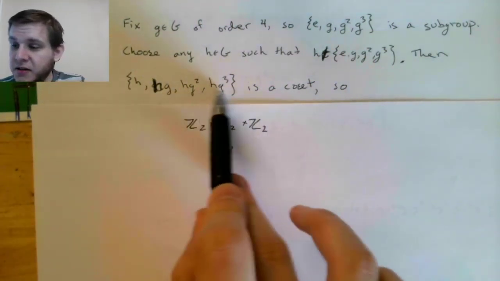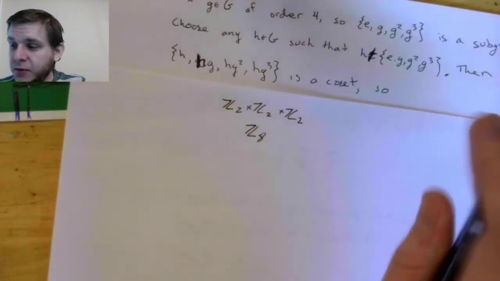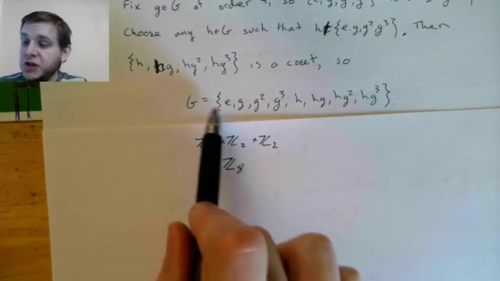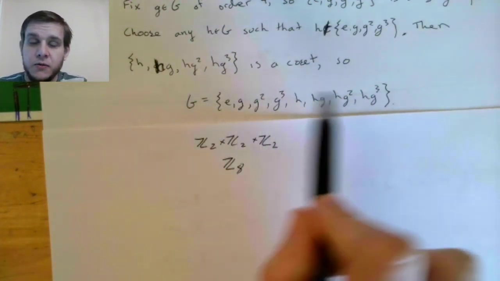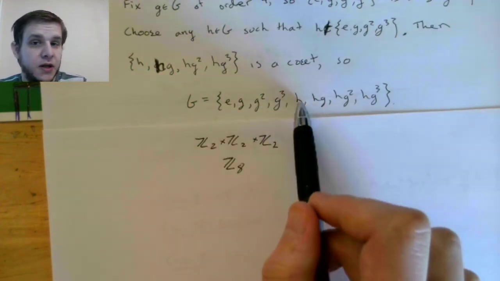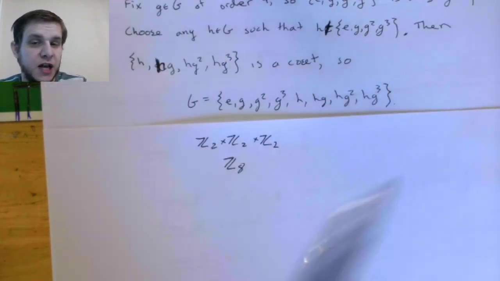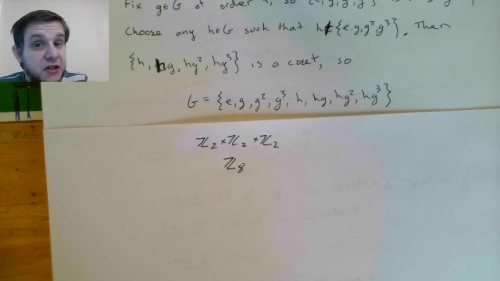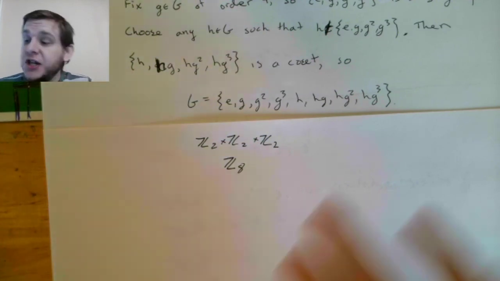So this thing has to be a coset of this subgroup. And now I've listed 8 elements. So G is the union of these two cosets. I have the identity coset of the subgroup, which is just the subgroup itself, and then I have the coset, which is h times that subgroup. So I've listed G. Now I just need to determine how the multiplication on G works.